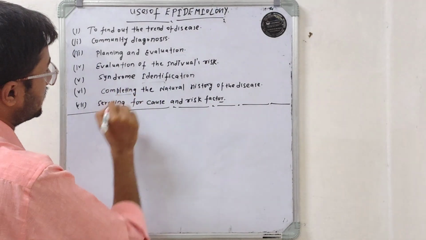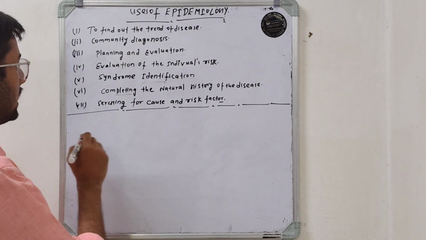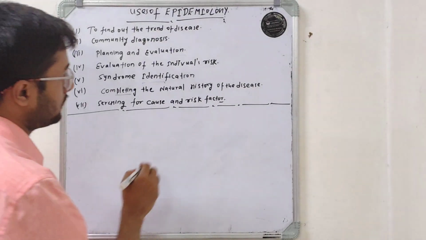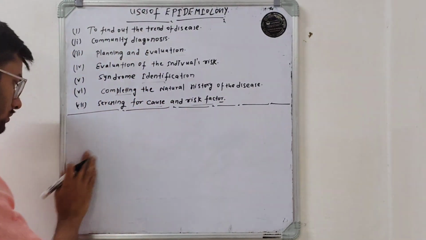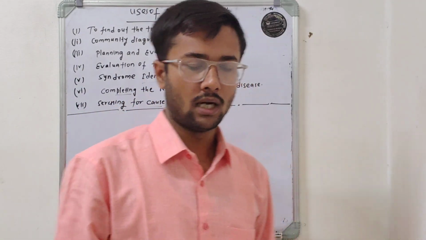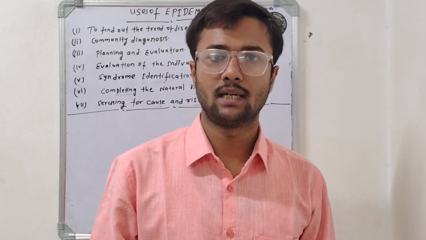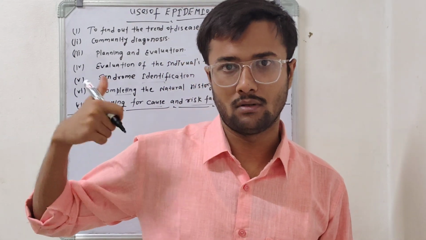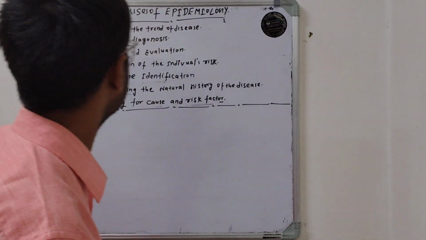Sixth is completing the natural history of the disease, and the seventh is searching for cause and risk factors. Okay, so we try to understand all these uses, how epidemiological parameters help in the study of all these seven things of epidemiology.